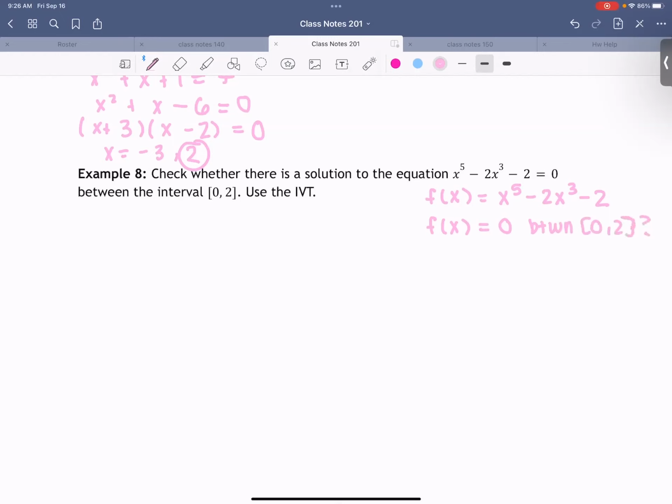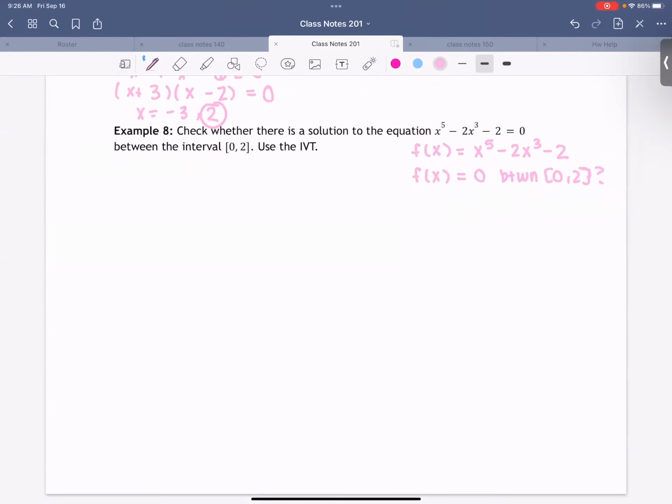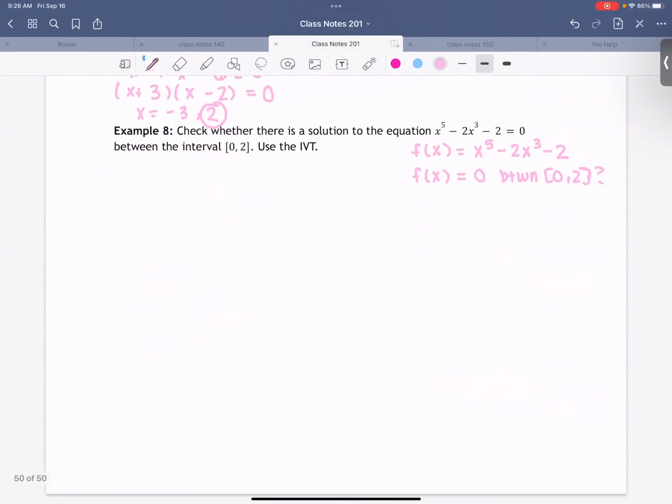Same question as example 7, it's just worded a little bit differently. How do I know that the function equals 0 between these 2 points? I'll give you a few minutes to work on this.